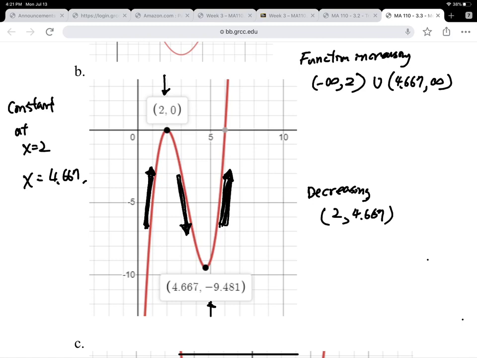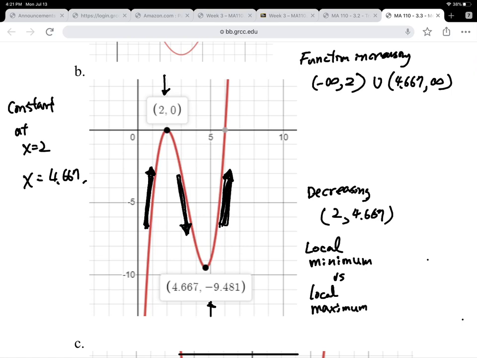All right, now the other thing I want to add in is something called the local min and local max. Local minimum versus local maximum.